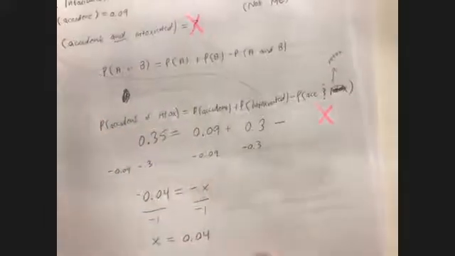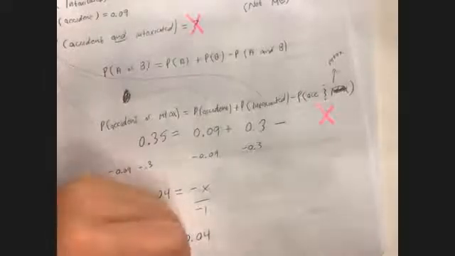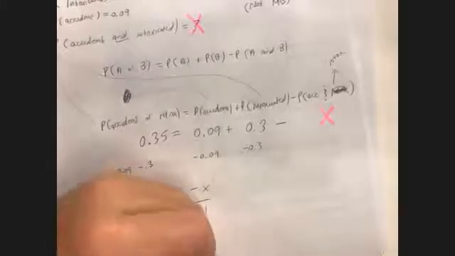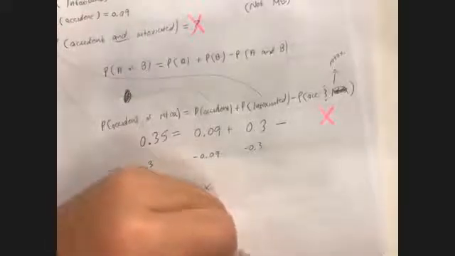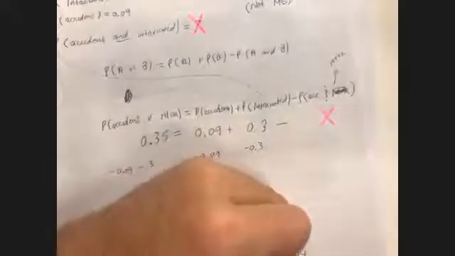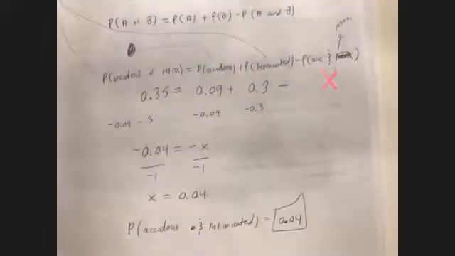So the probability of accident and intoxicated equals 0.04. Okay, so a little bit of algebra, not too bad.